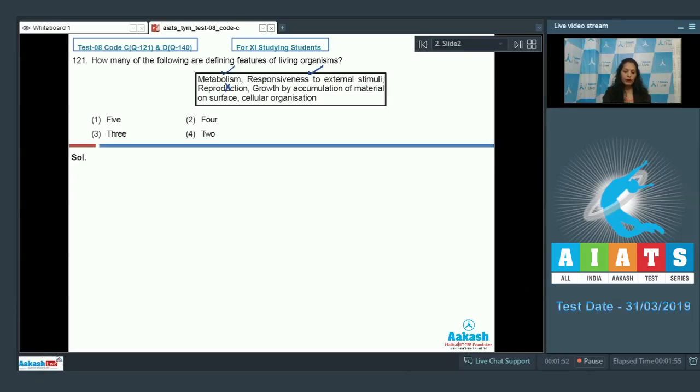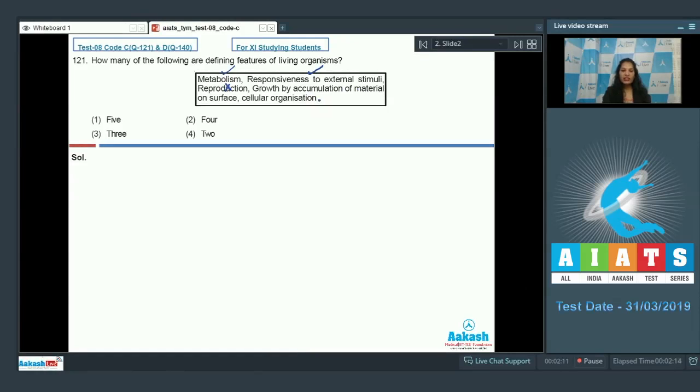Reproduction, no. Reproduction is shown by living organisms only, but there are some exceptions in reproduction. For example, mule, worker honeybees and infertile human couples cannot reproduce at all. So reproduction cannot be a defining feature.